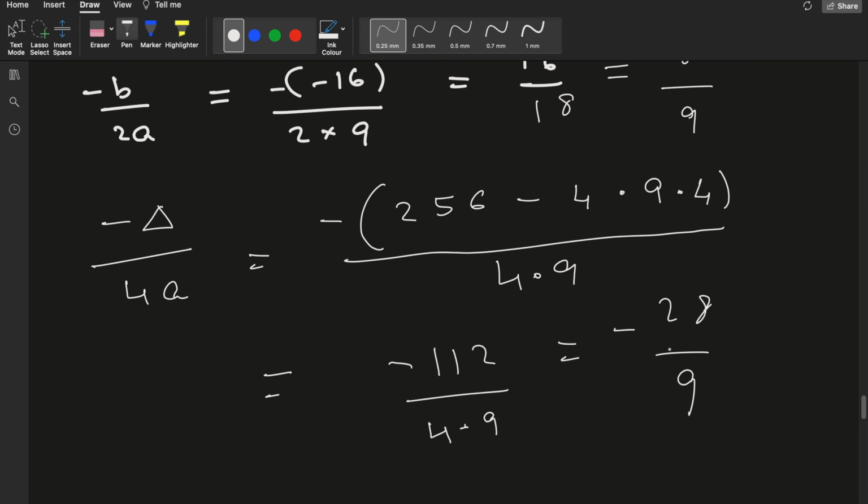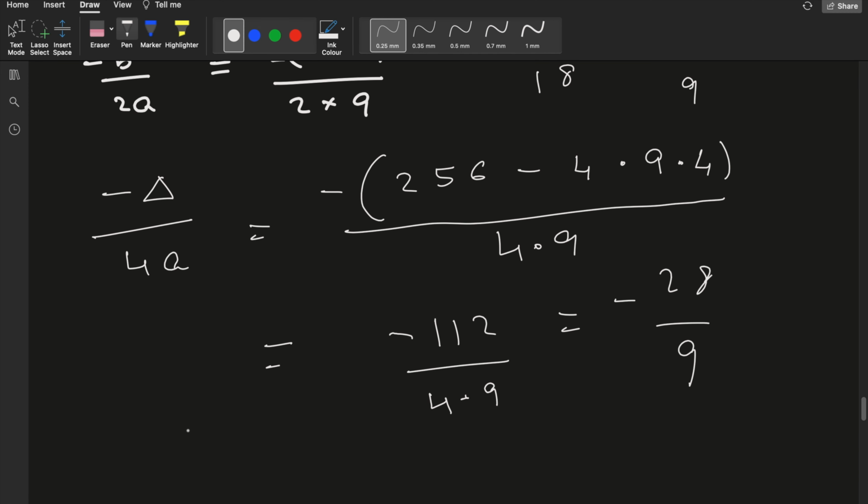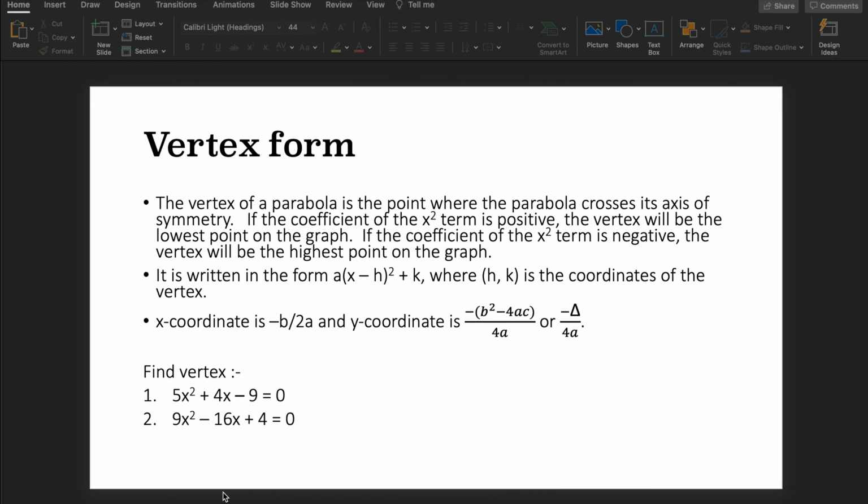So this is the answer. The vertex would be 8 by 9, minus 28 by 9. This is our final answer.